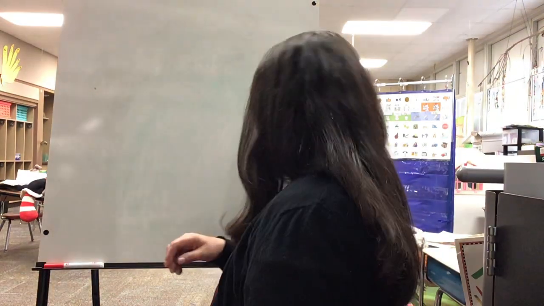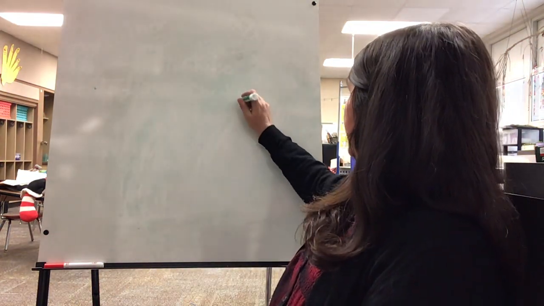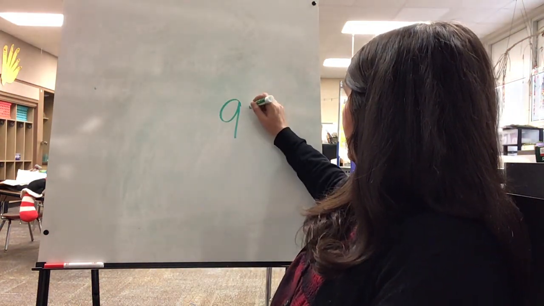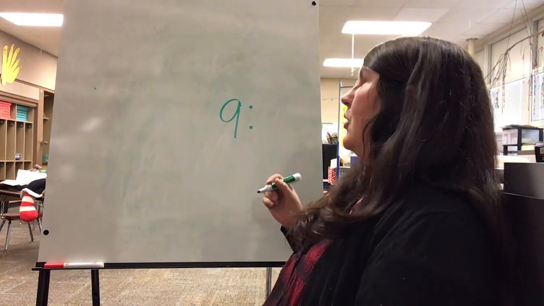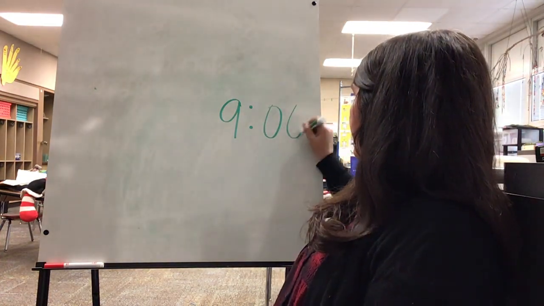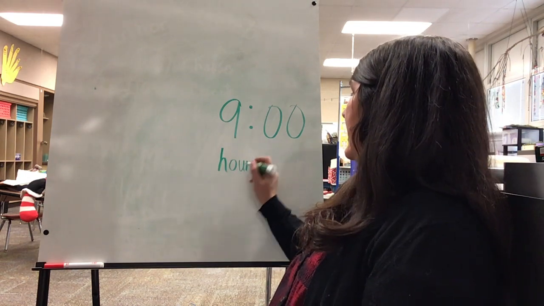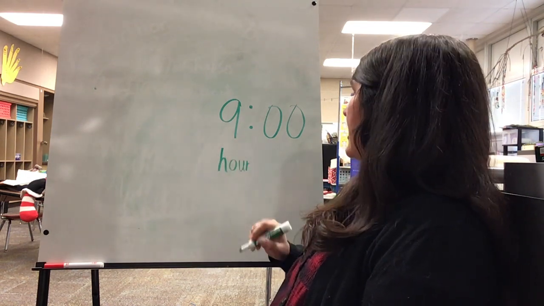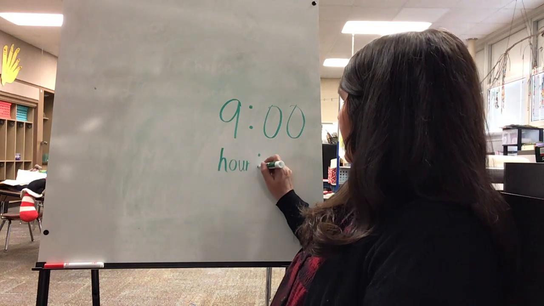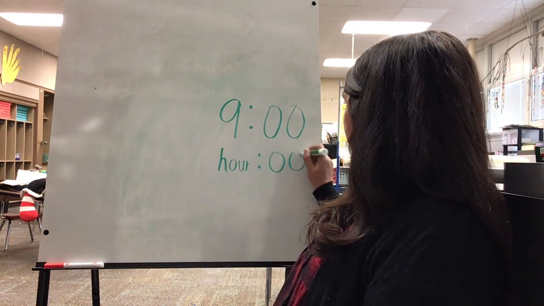And if you recall, we write 9 o'clock by writing 9. These 2 dots are called a colon, and then we have 0. The hour hand, the short hand, points to the hour. 9 o'clock, this hour goes here, and then the minutes go here.